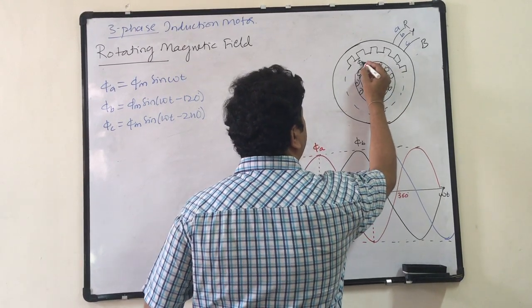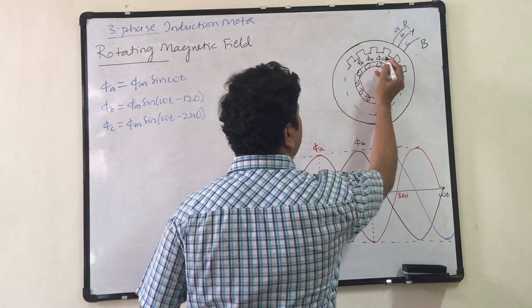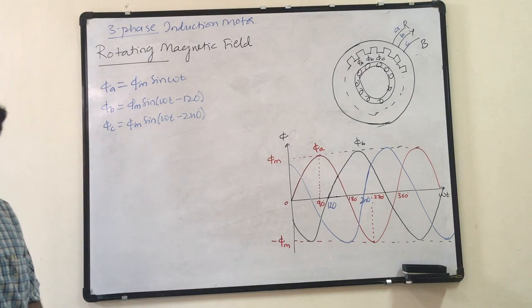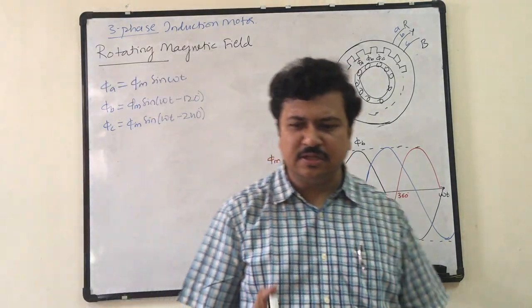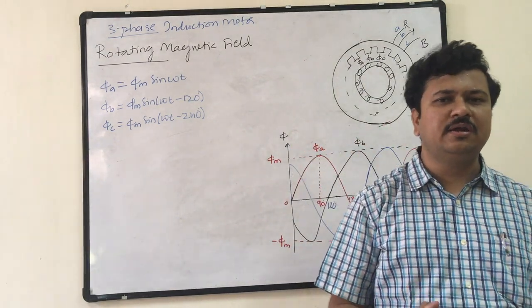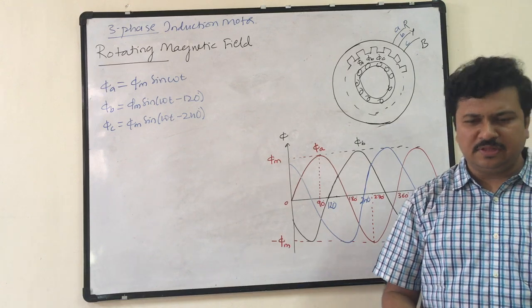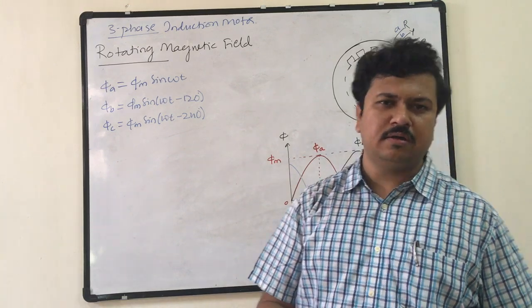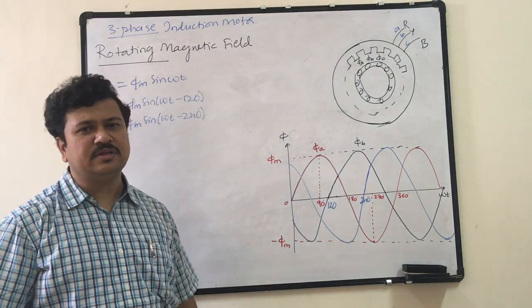So this is phi A present in this air gap, phi B present in this air gap, phi C present in this air gap. Now, I just told you, when there are multiple fluxes existing in the same space, those fluxes will interact with each other. They will either add or get subtracted and give out the resultant flux.